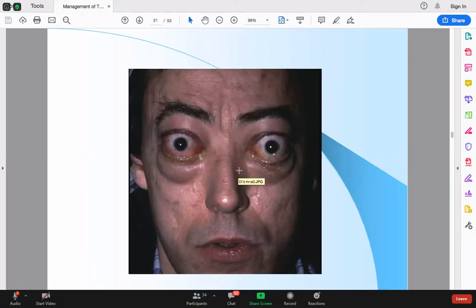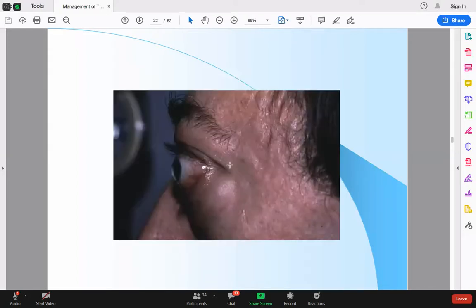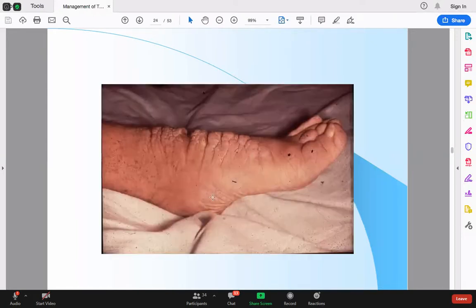What else? Sweating, good. And we see this congestion, this redness, this chemosis in the eyes, okay? And here it's bulging. Whenever you want to confirm the bulging, you see it from the side better than from the front.